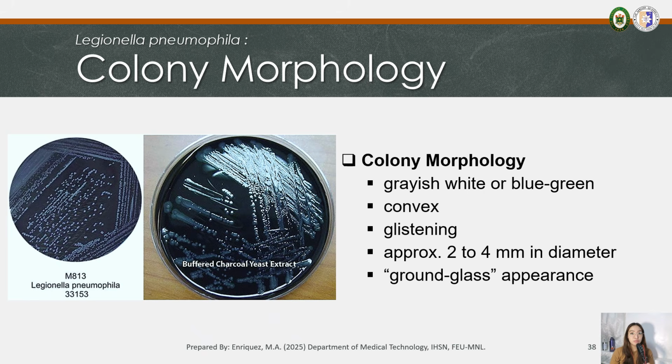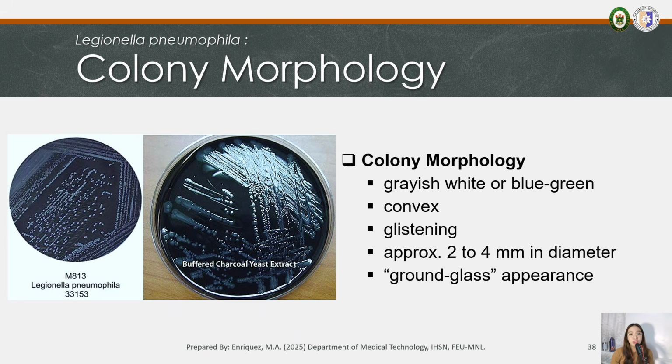If the specimen was both acid washed and plated on a selective BCYE, less contaminating organisms may be seen and the actual Legionella colonies could be observed, as we can see right here in these examples. So, colonies appear to be small, grayish white to blue green, glistening, and was described to have a ground glass appearance. So, ground glass in Filipino is parang durog na salamin.